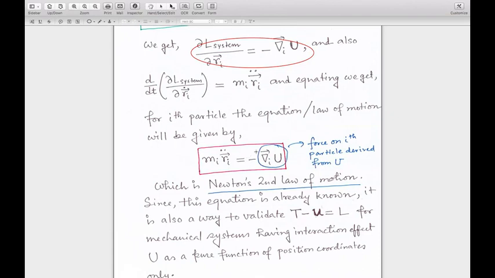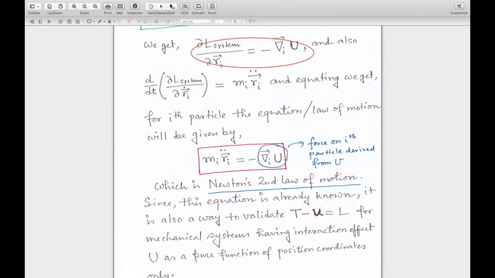So this is something which causes the acceleration of the ith particle, right? When the acceleration is multiplied by m_i, that is exactly equal to minus the ith gradient of the scalar function U. This can be thought of as the force acting on the ith particle, and this is nothing but Newton's law of motion.